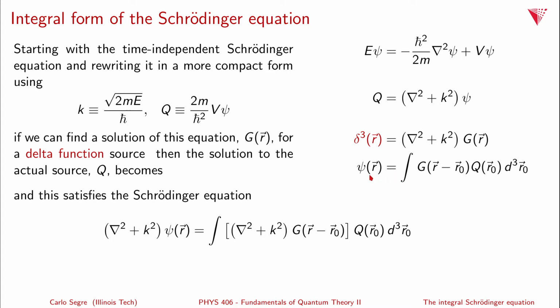Now we put this solution psi of r in for this. That becomes an integral of the quantity del squared plus k squared applied to g of r minus r0, times Q of r0, d cubed r0.